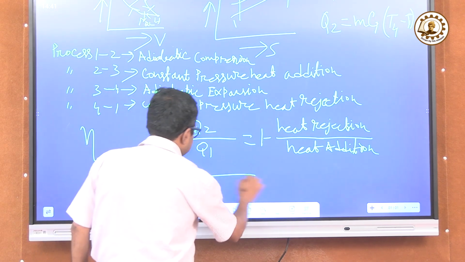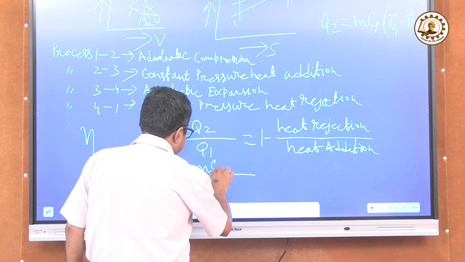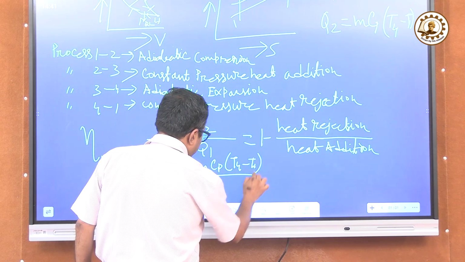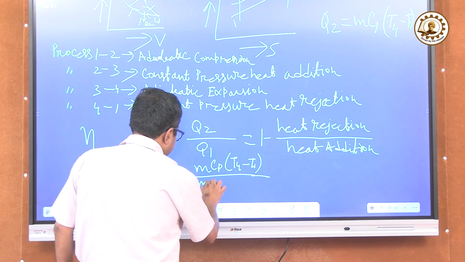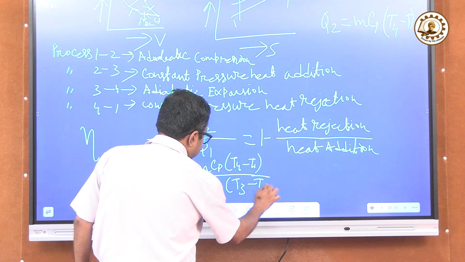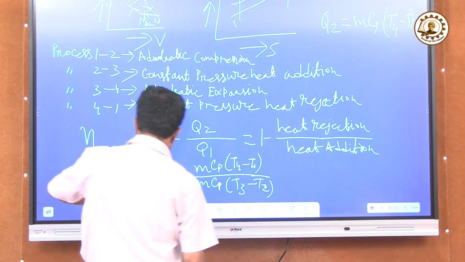Then 1 minus, what is the value here? m Cp (T4 minus T1) by m Cp (T3 minus T2).